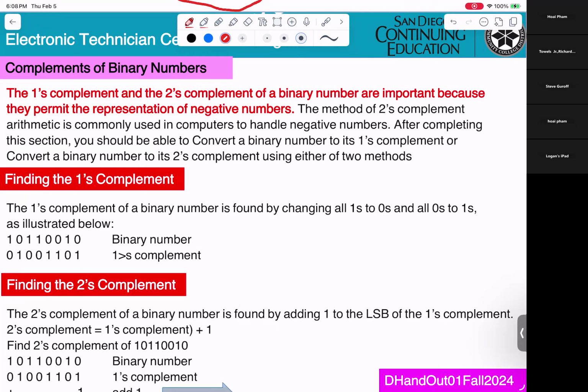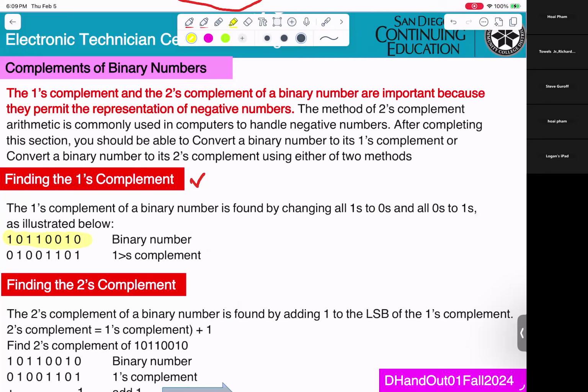Okay? So now, the first complement of a binary number is found by changing all 1s to 0 and all 0s to 1. That's very simple. Okay? You get the binary here.